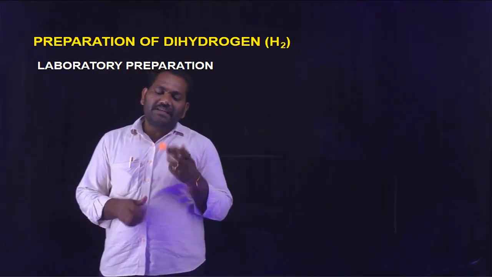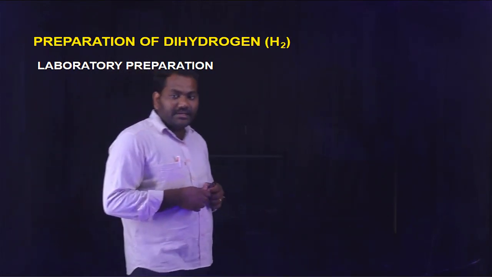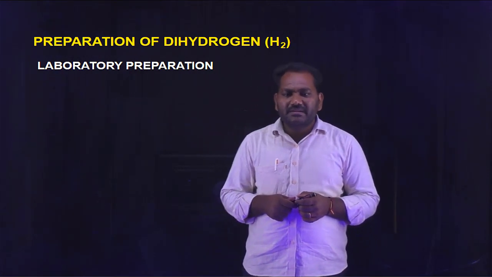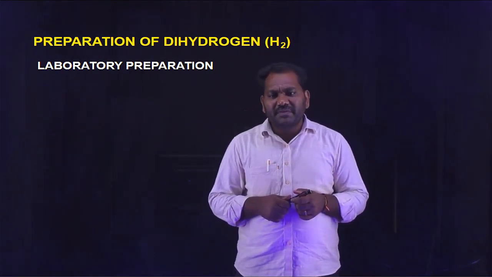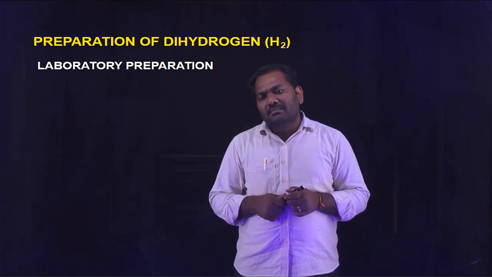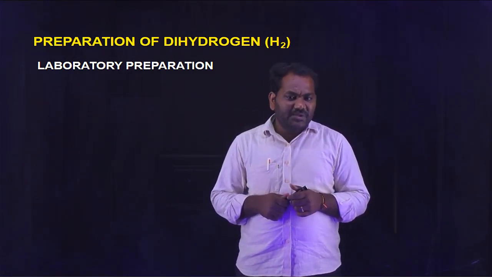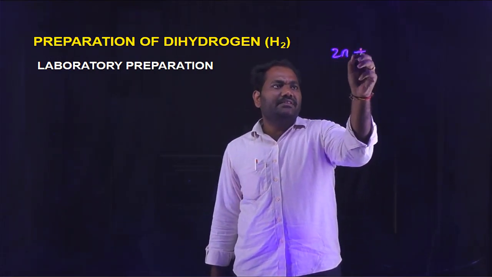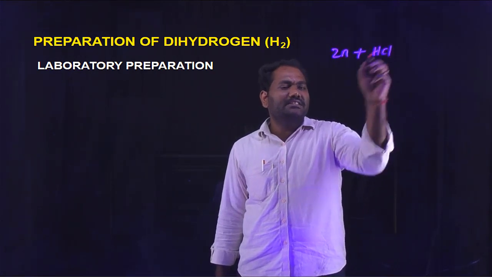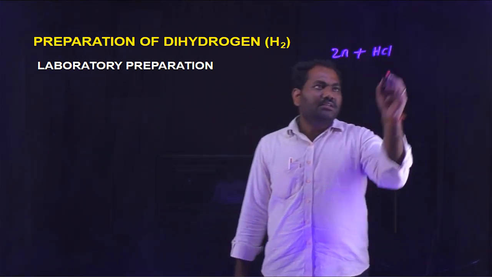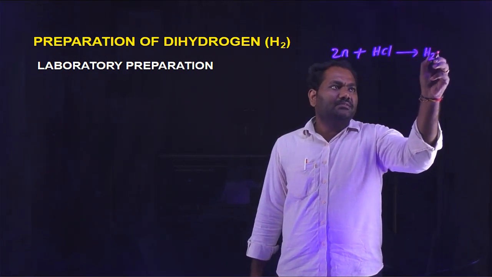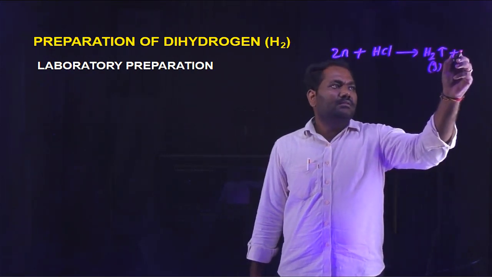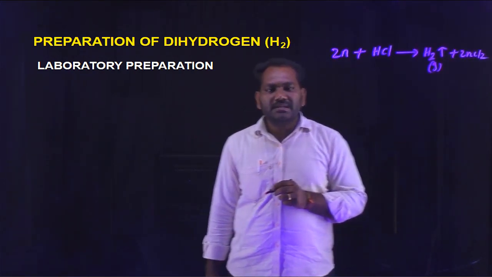First is the laboratory preparation method. In the laboratory, dihydrogen is generally prepared by the simple reaction between zinc and dilute acids, like Zn reacting with dilute acids like HCl or HBr to give H2 gas and ZnCl2 as a byproduct.